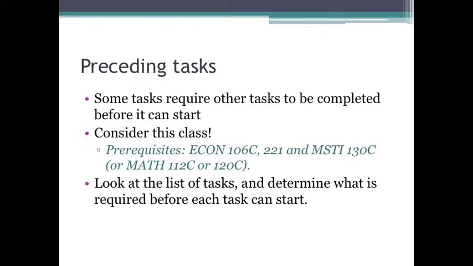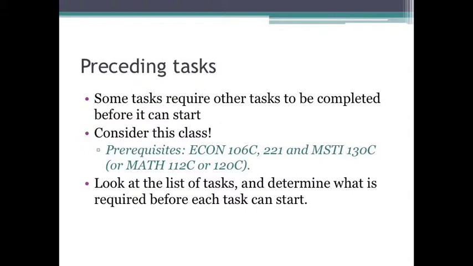Because you have these preceding tasks that need to be completed before other tasks can start, this means that when a project is completed, it is done in a certain sequence. A good example, this class. To take this class, you need to have taken Econ 106C, economics. You need to have taken Econ 221, which is statistics.